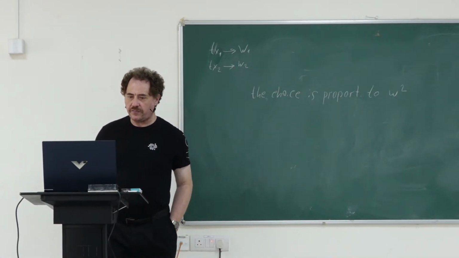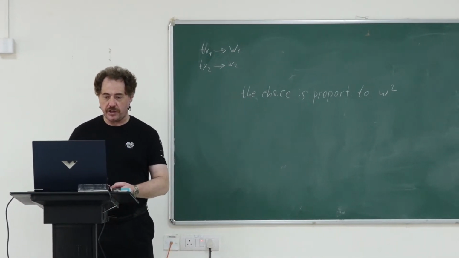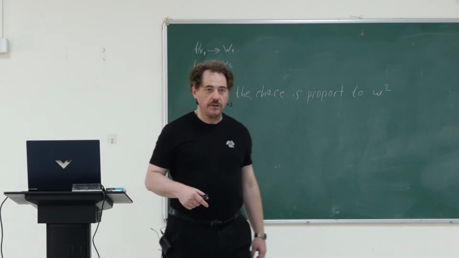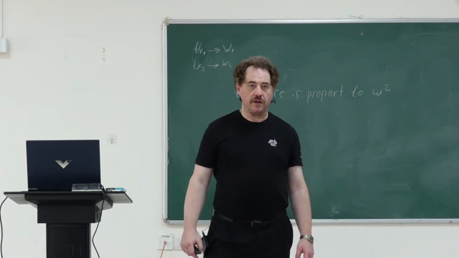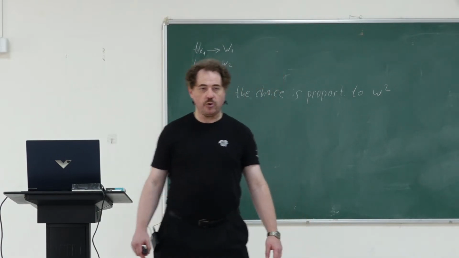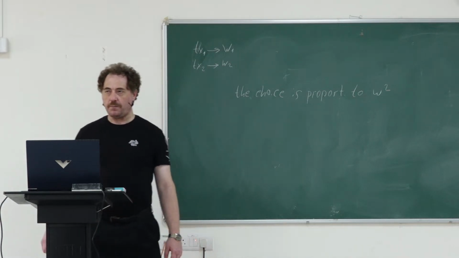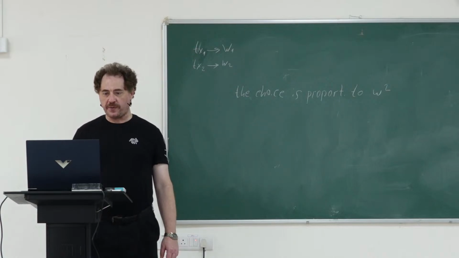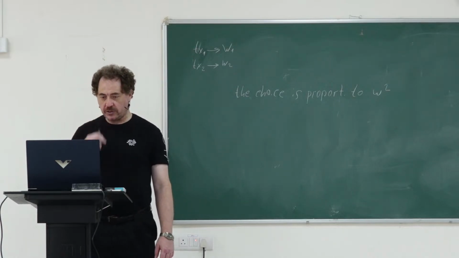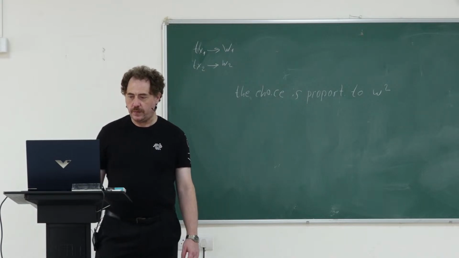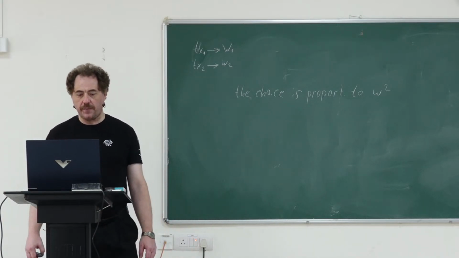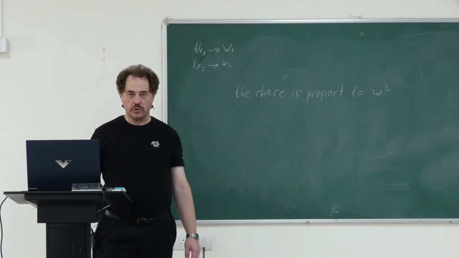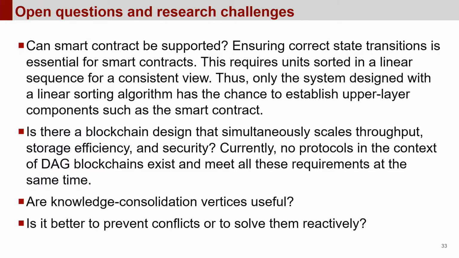So there are quite a few open questions and research challenges remaining in this domain. DAG-based systems are one of the more recent areas of blockchain, and therefore many questions are still unresolved. A lot of research papers are still coming out in this area. Some examples of open questions and research challenges: how can we support smart contracts based on DAG-based systems?